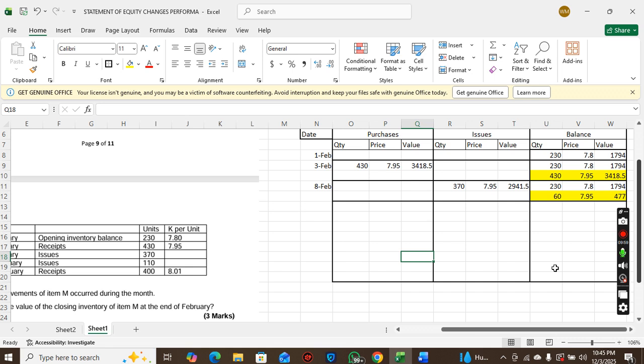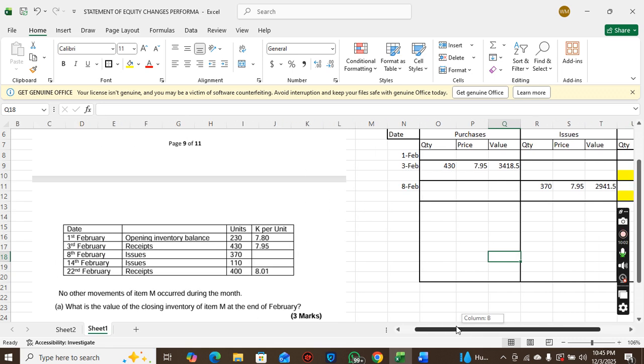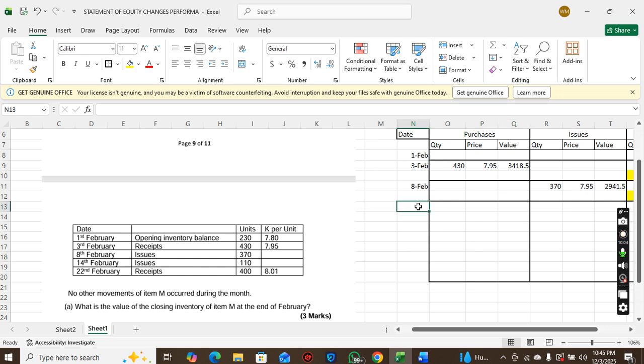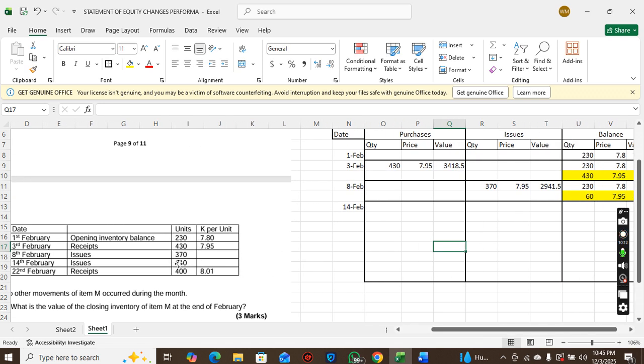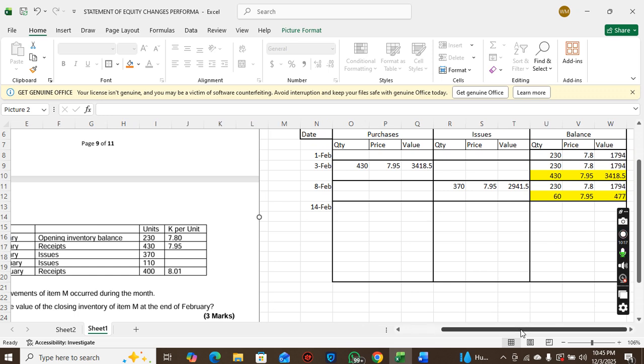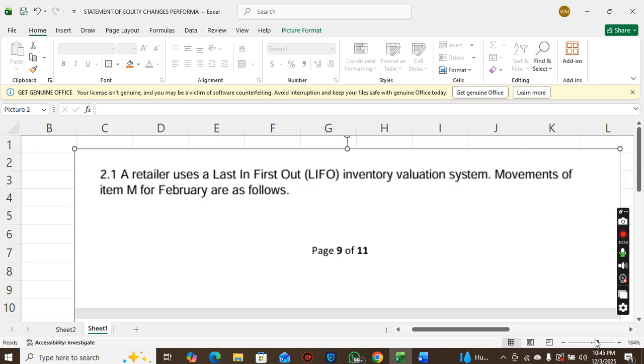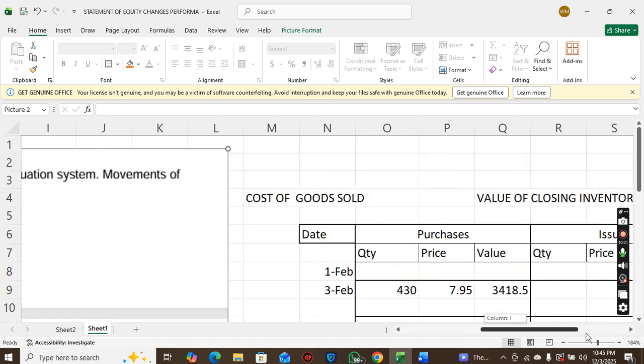Okay, we have another issue here. On 14th February, we issued 110 units. So again, the same process happens.